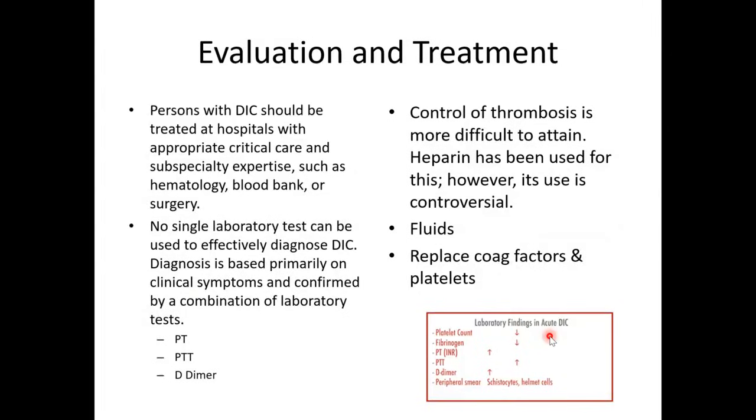Lab findings in somebody who's in the acute early phases of DIC, right? They're bleeding, okay? What do lab values look like with somebody bleeding? The platelet count would be low. This is somebody who's bleeding right now. Fibrinogen is low. Thrombin changes fibrinogen to fibrin, so if the fibrinogen is low, the fibrin is low.